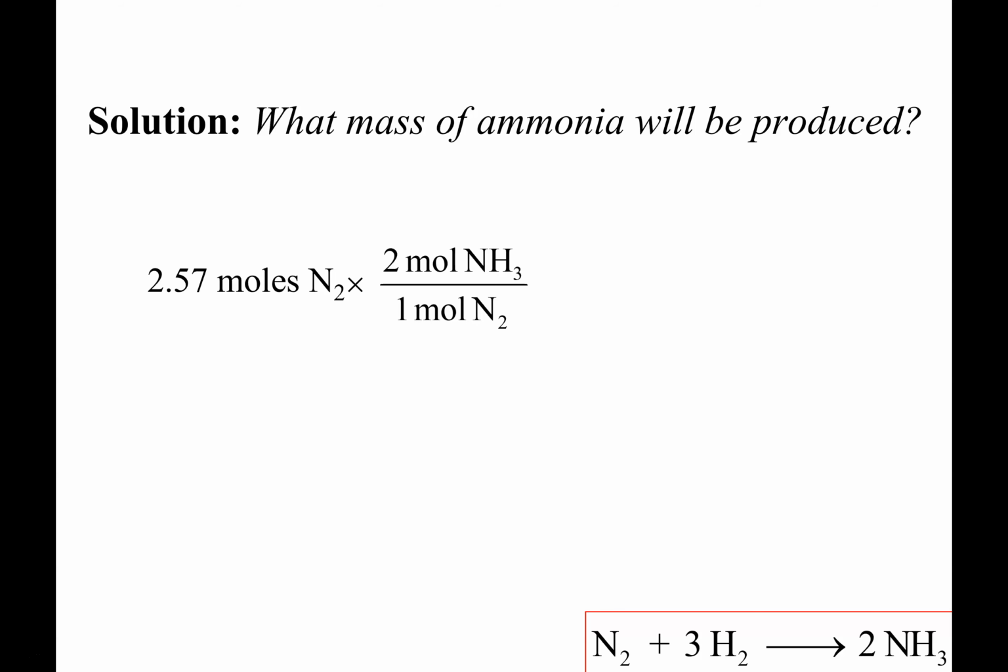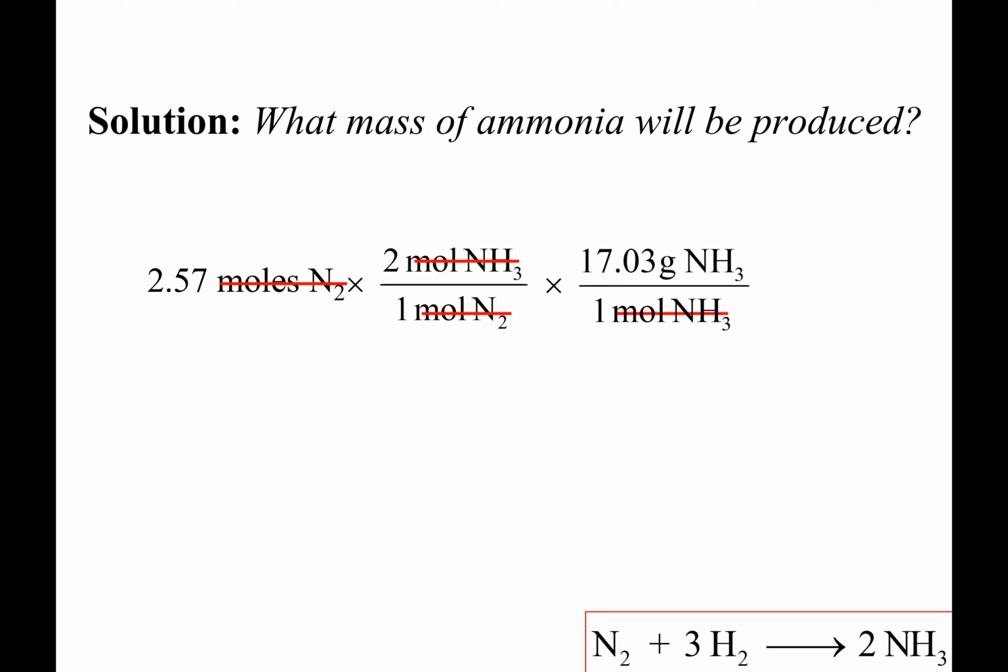Moles of N2 cancel. We're left with moles of NH3. So how are we going to get to grams of NH3? Molar mass. When in doubt. That sounds like a t-shirt. When in doubt, it's molar mass. Okay, so a few slides ago, we knocked out the molar mass of NH3 as 17.03 grams per mole.